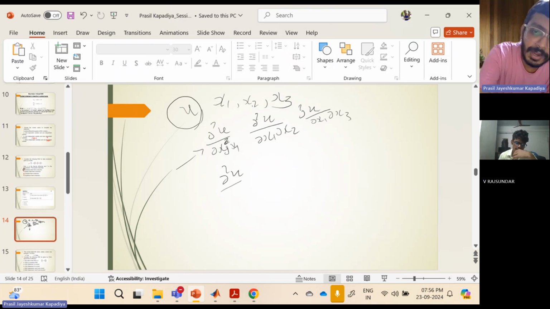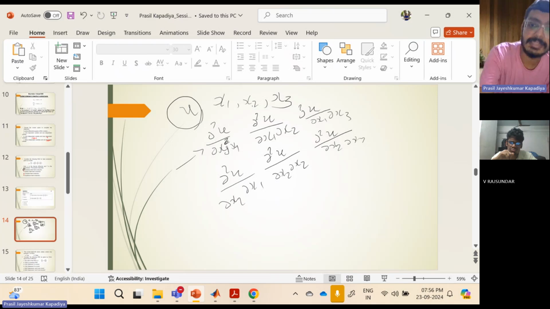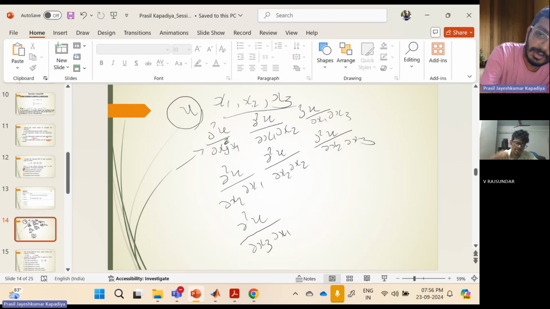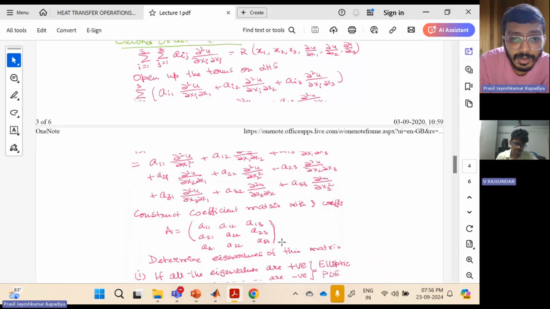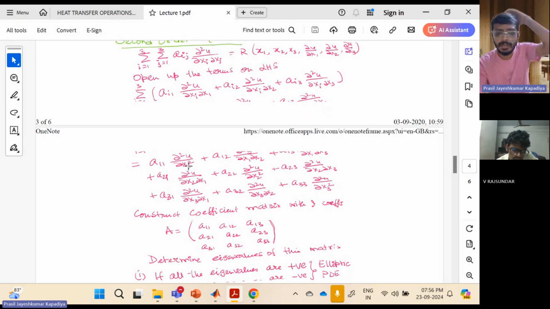Similarly, del square U by del x2 del x1, del square U by del x2 square, and del square U by del x2 del x3. Like this, we form the matrix. For three variables, the last row will be del square U by del x3 del x1, del x3 del x2, and del square U by del x3 square. Let me cross check it.